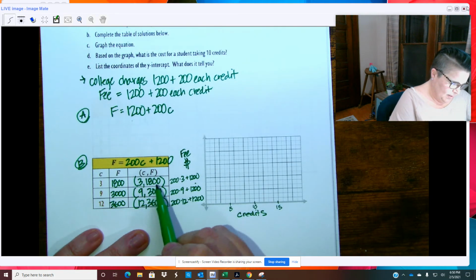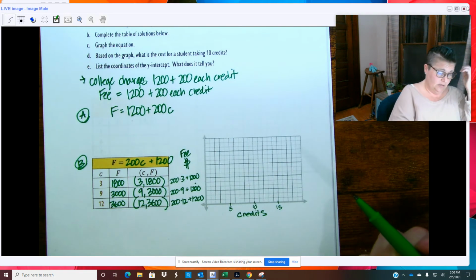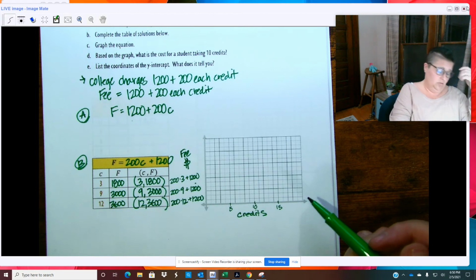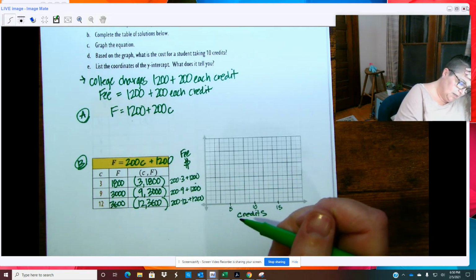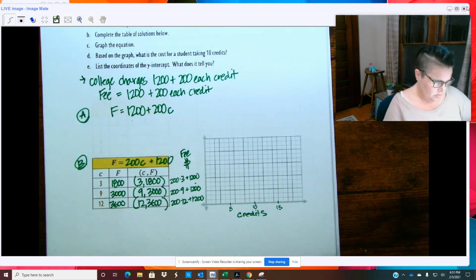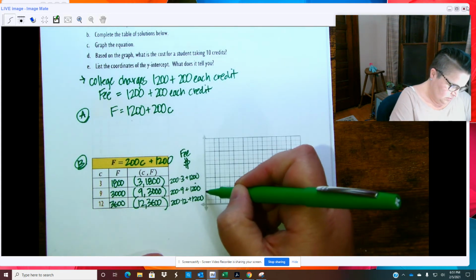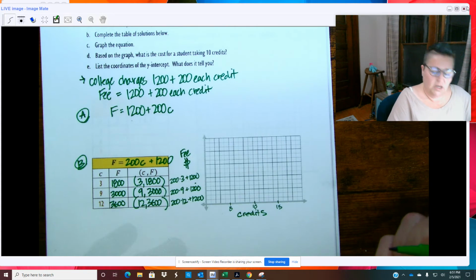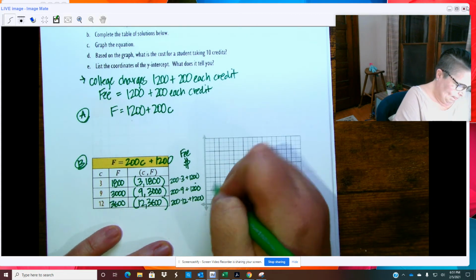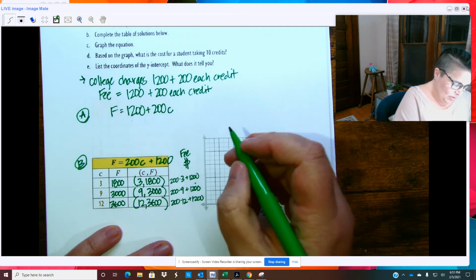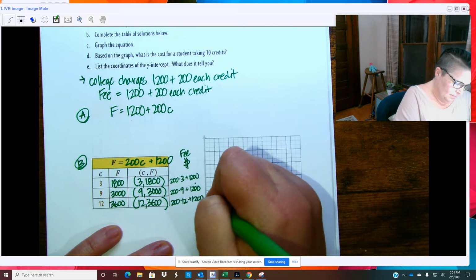And we need to go from 1,800 to 3,600. So I don't want to count by one. I want to count by something else. I'm going to count by 400, I think. That might work. Or maybe I'll count by 300. I think I'm going to count by 300.